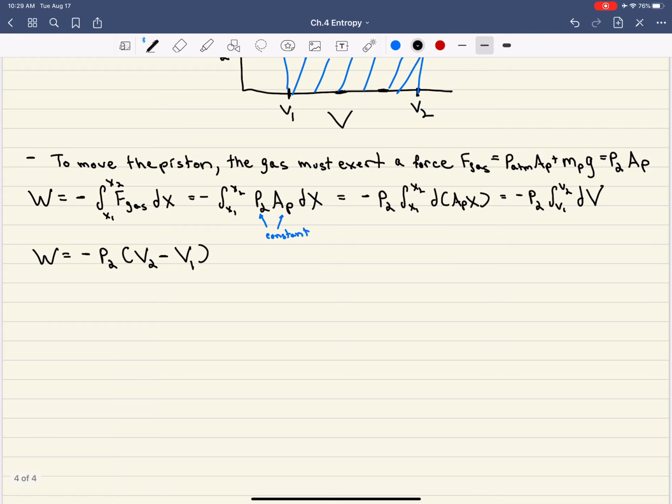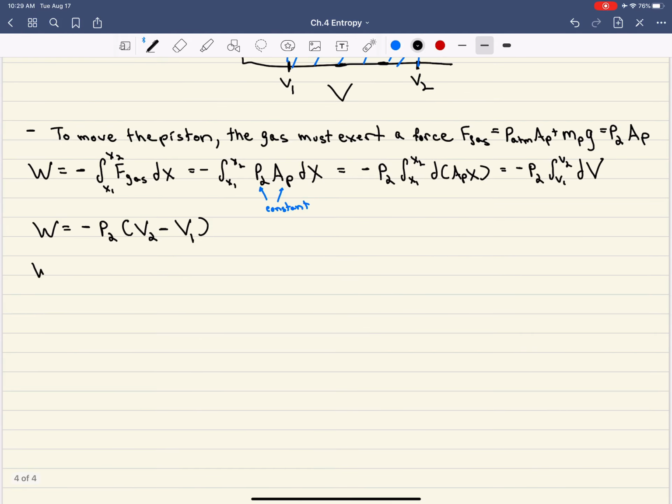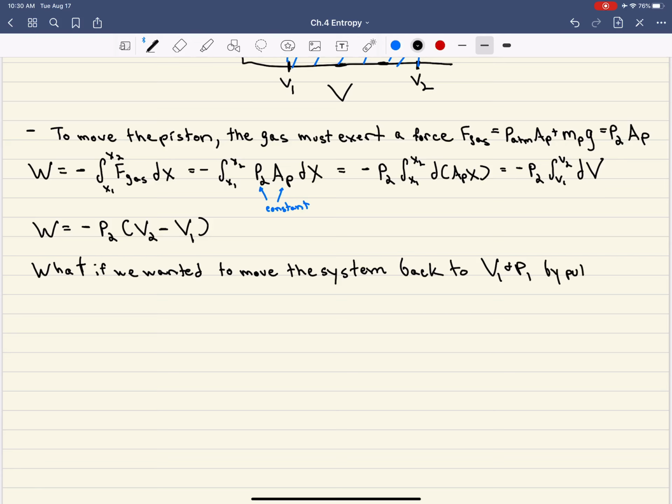But let's say after we expand the gas, what if we wanted to move the system back to V1 and pressure 1 by putting the 1 kilogram block back on it?